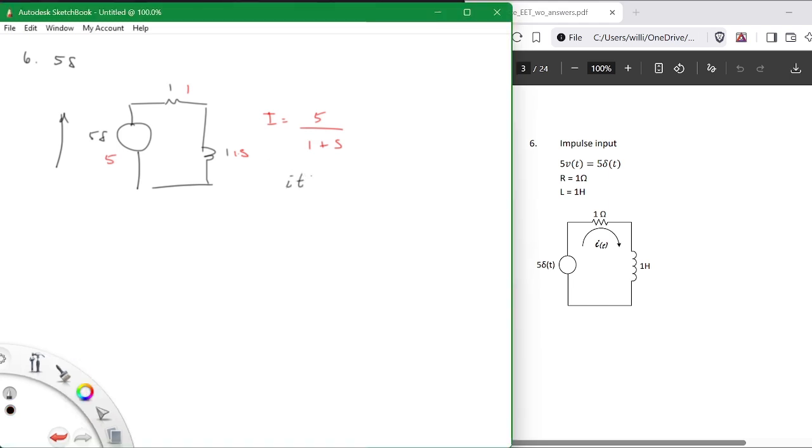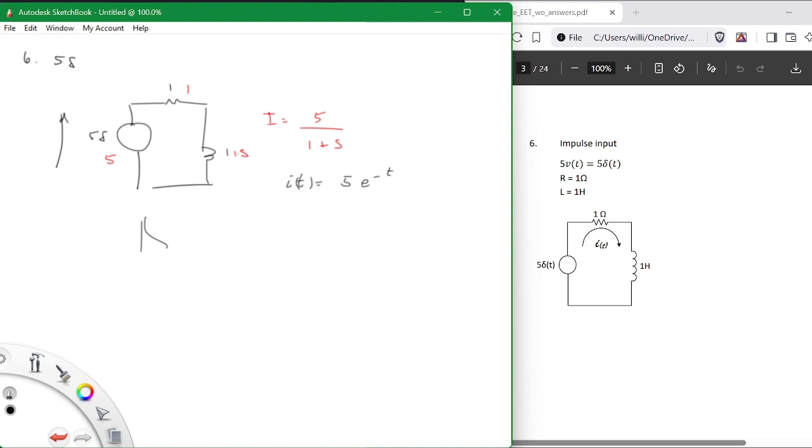I of t is equal to 5e to the minus t. That's all it is. So if you put a pulse in, what you get out is a decay. It starts high and it comes down like that. So you basically load it, and then it just dies away. That's all it is. Which is what you'd expect.